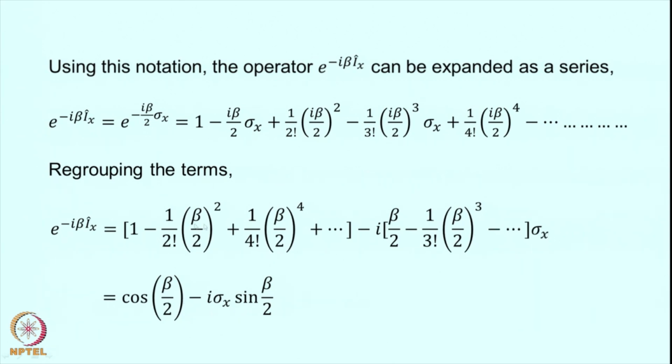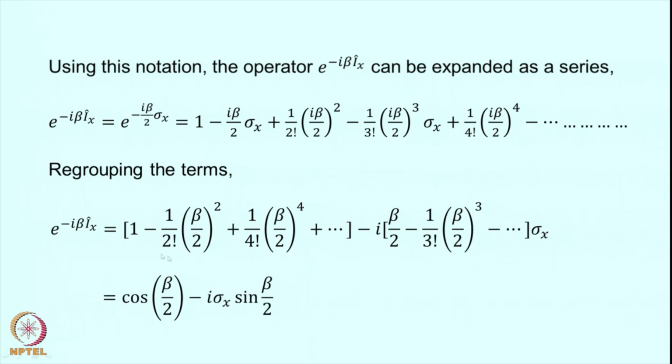So what is this first bracket? This first bracket is actually the series expansion of the function cosine beta by 2, and the terms in the second bracket represent the series expansion of the function sine beta by 2.